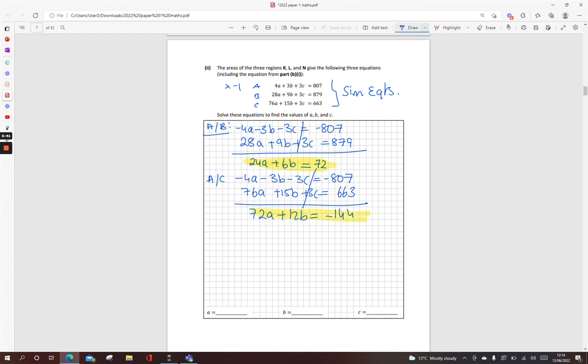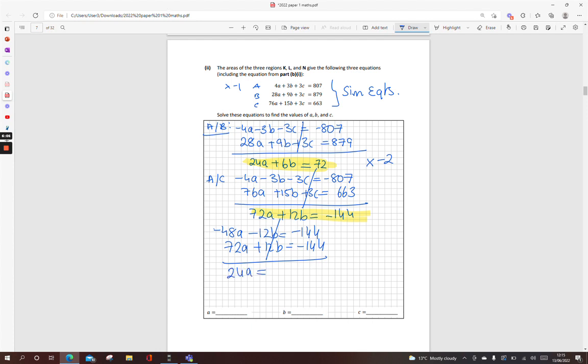We're going to solve those equations, highlighted ones, and save a wee bit of room. I'm going to multiply that one by -2 to get rid of my B's. Same number, different sign. B's go. What have I got left with? 24A.